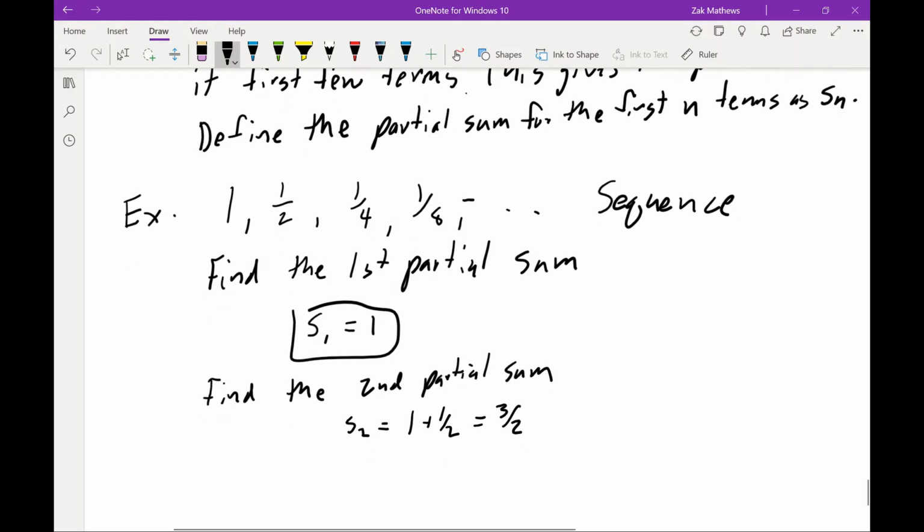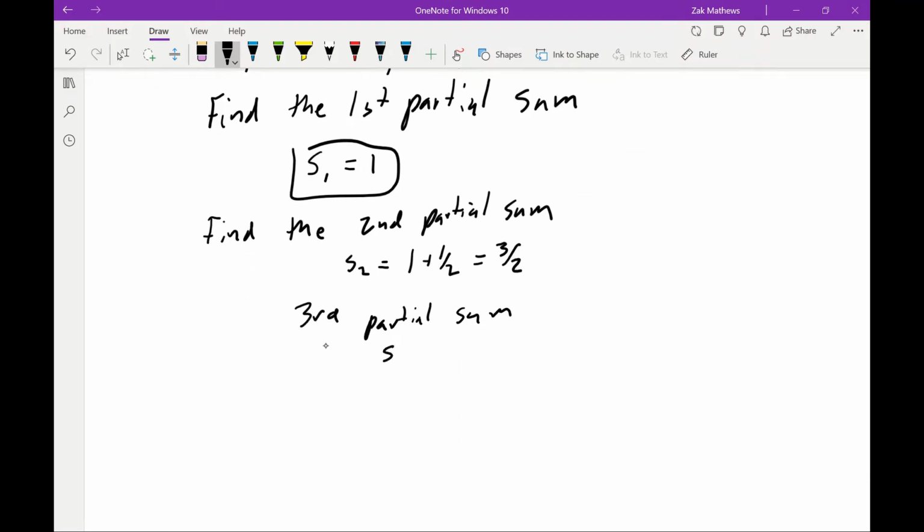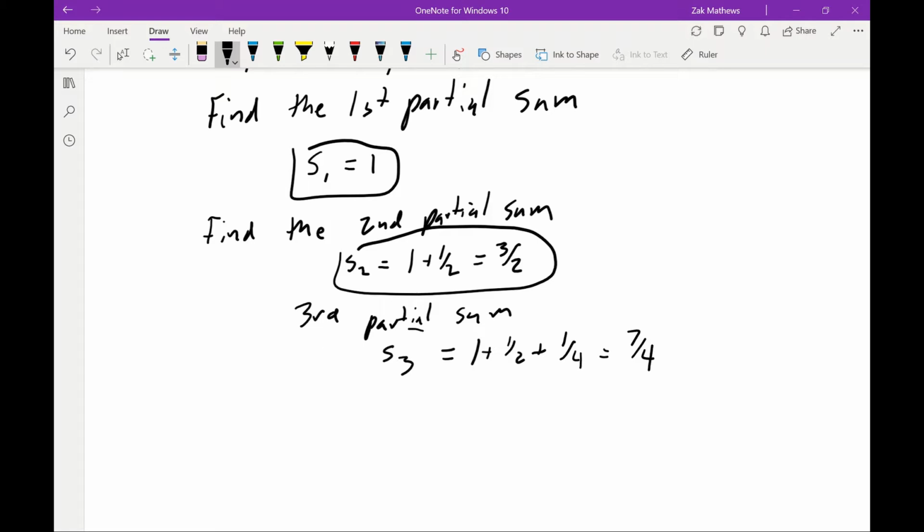Then we're going to find the third partial sum, S3. Let's box that. S3 would be equal to 1 plus 1/2 plus 1/4, so we could write this as 1 3/4 or 7/4. Either of those would be correct. And we can do this for as many as we want.